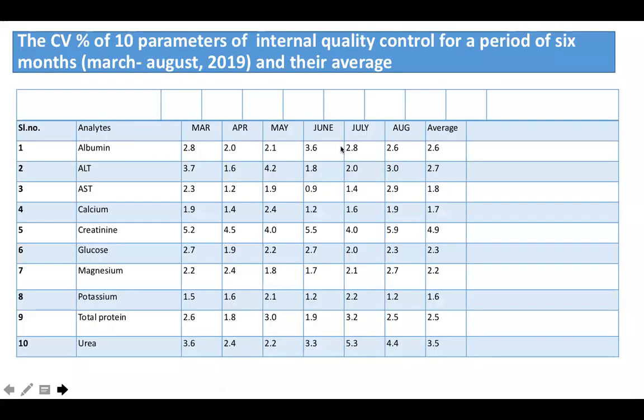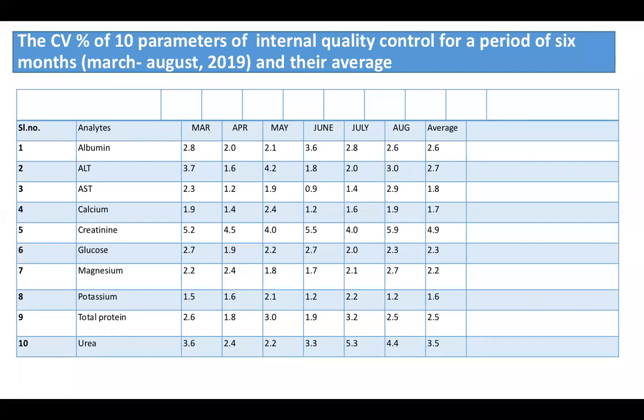Okay. Now see how we can apply this 6 sigma. We performed one study in 2019, 10 parameters of biochemistry. We evaluated for 6 months.